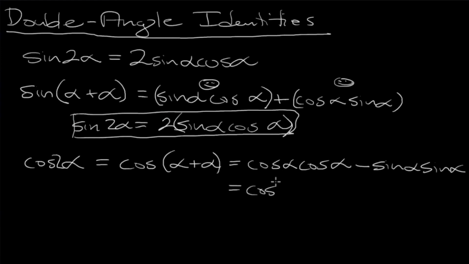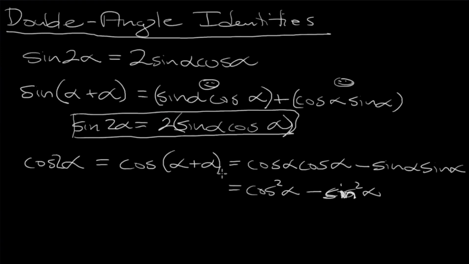So this one ends up looking very different. Cosine squared of alpha, cosine times cosine, minus sine squared of alpha. So that's one of the forms.